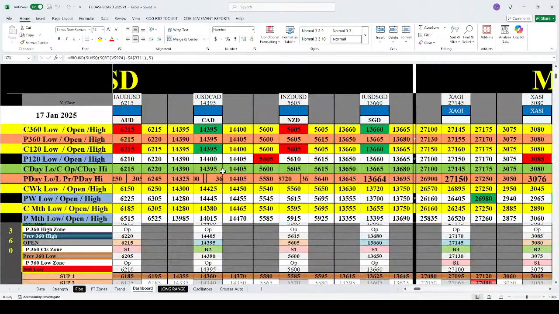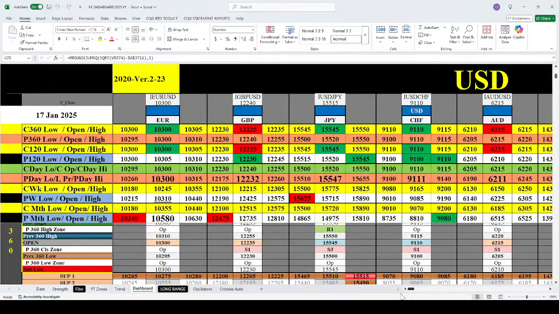Then looking at comparing the highs and lows, right now the market is trading at 103, and previous day low is 10260, and current week low is 10180. In fact, the market is pushing higher, but your current week high is 10355.